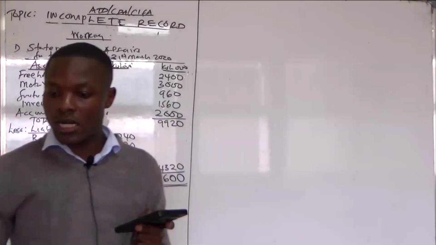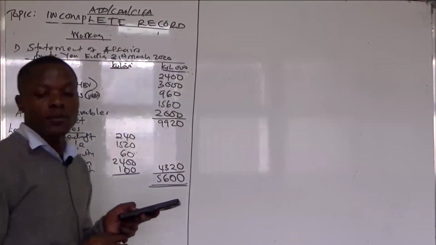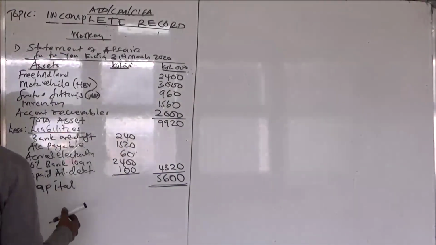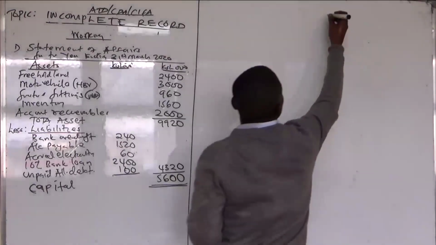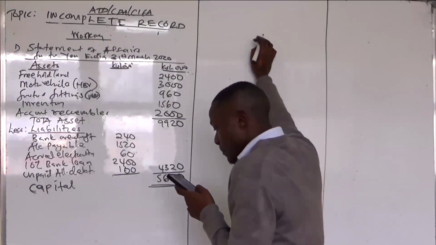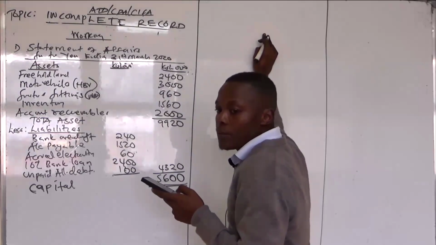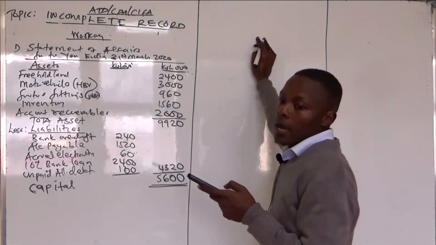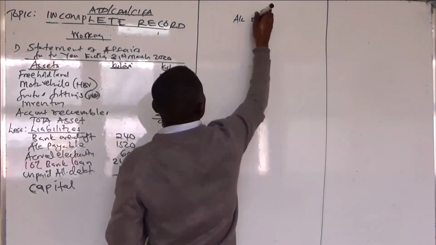Why do we prepare a control account? We want to know the amount of accounts receivable at the end. Okay, so note number 2. If it is credit sales, which account is created? Accounts receivable. If it is credit purchases, which is created? Accounts payable. Right. So we start with accounts receivable.